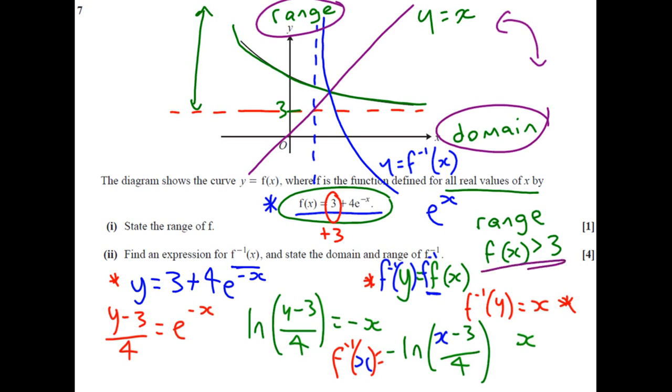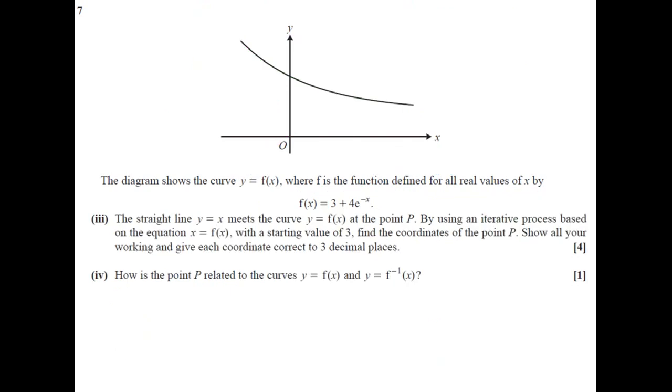The old range was this, so x is greater than 3, and the range, any value that you can get, is going to be anything. You can get any answer out of this new function. So f to minus 1 of x can be any real number. Okay, that's part 1 and 2 done.